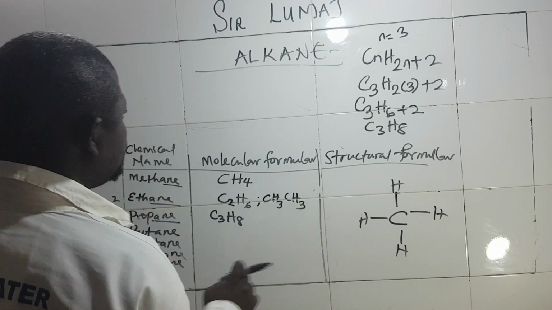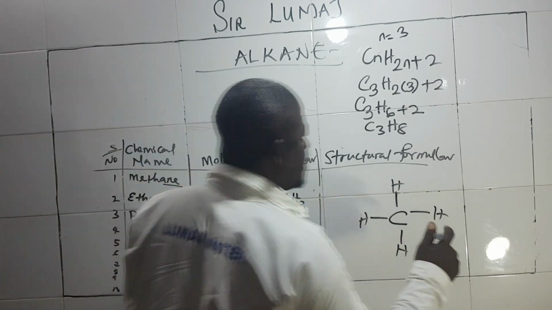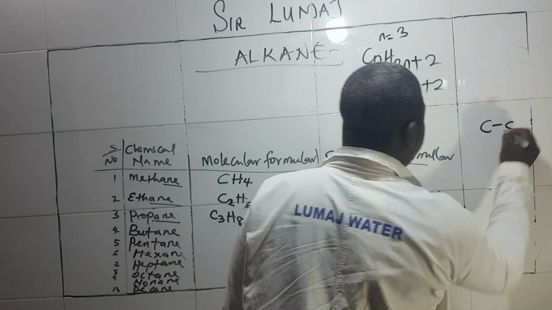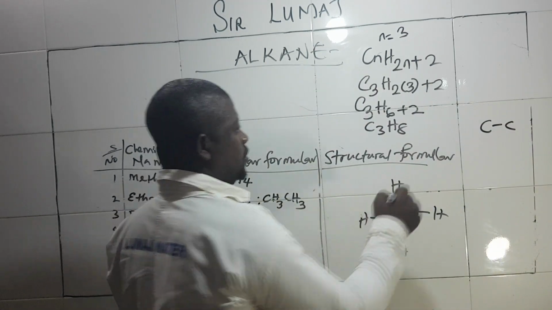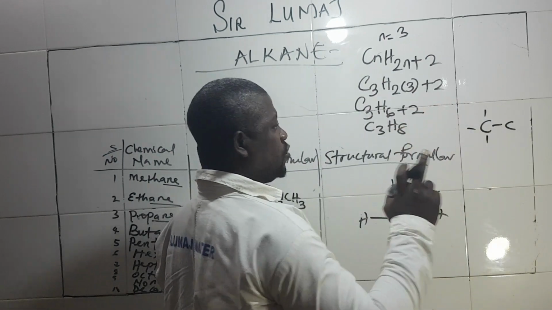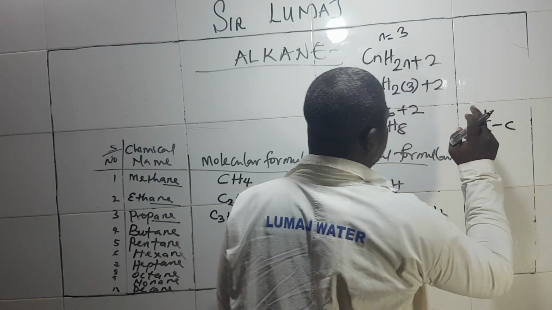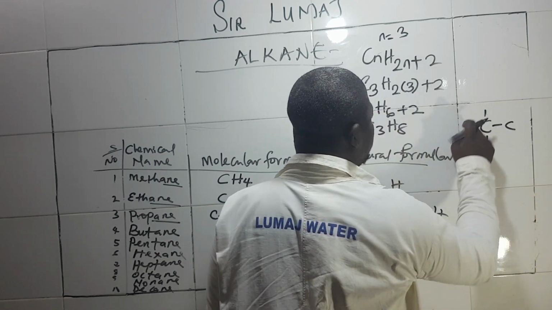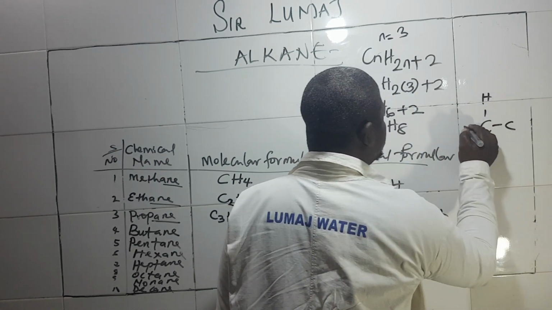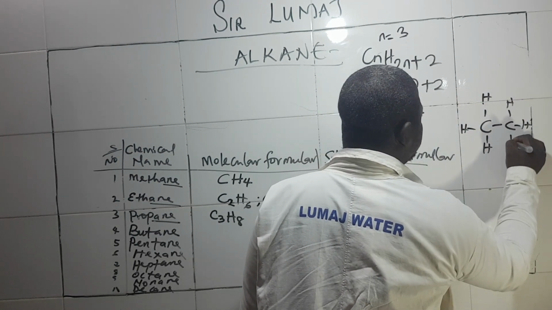Now, if you want to write for ethane, ethane is 2 carbons with a carbon to carbon single bond. Then, law of tetravalency. Each carbon atom will be surrounded with 4 bonds. 1, 2, 3, 4. Then, introduce your hydrogen.